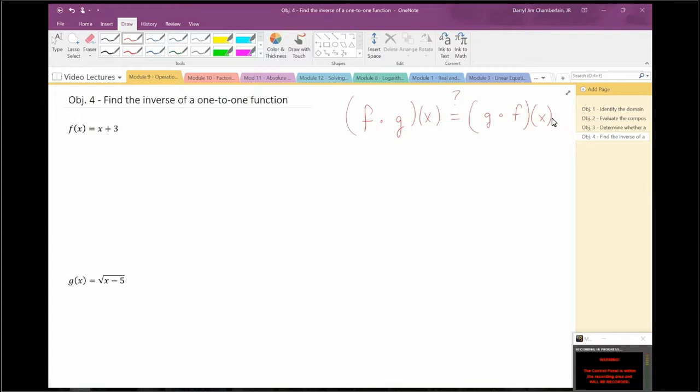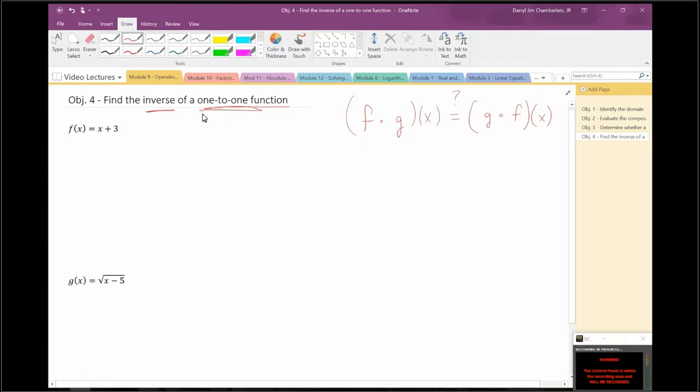The reason that we did that is because f of g of x is equal to g of f of x when they are inverses of each other. And in order for a function to have an inverse, it needs to be one-to-one. So this is the culmination of all of the things that we've been doing in this module.